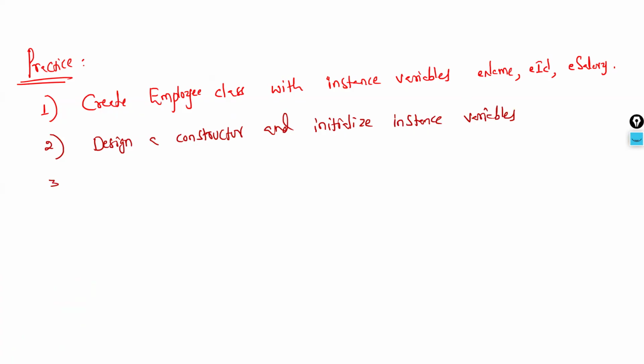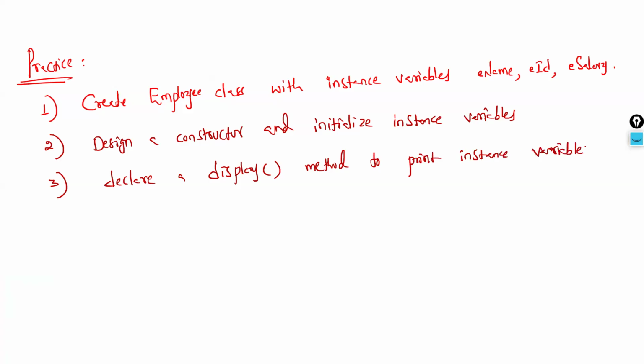Then step 3: declare a display method. You can take anything of your choice also. Declare a display method to print the instance variables. We can't access local variables outside the method body or outside the constructor body.